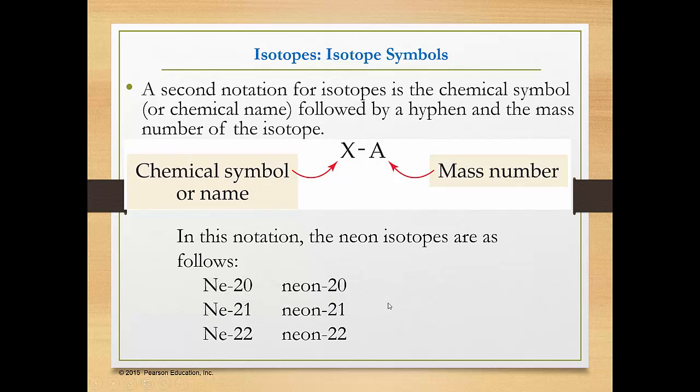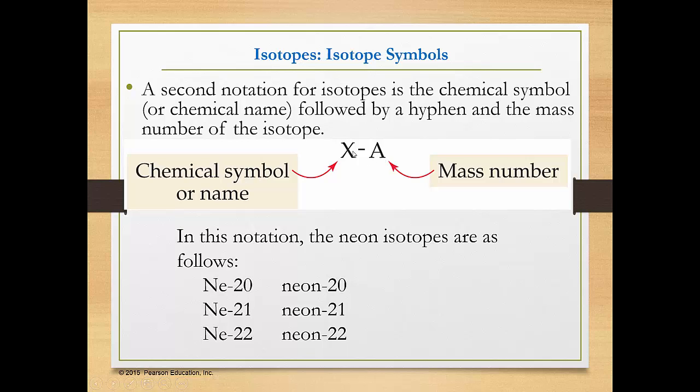Again, I said that putting in the atomic number, the Z value, tends to be a little bit redundant. So there is another way to write isotopes, where you just write the symbol dash and then the mass number.